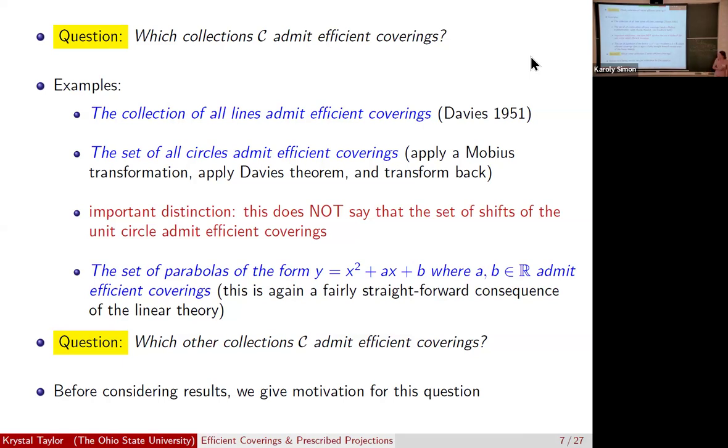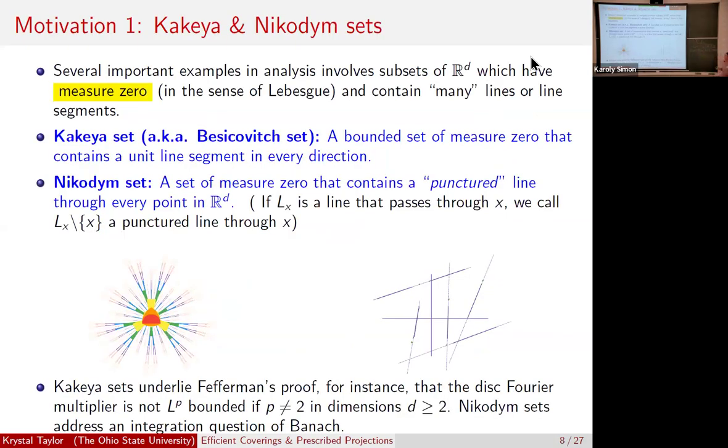So before considering results, let's give some motivation for this question. Okay, so motivation 1, Kakeya and Nikodym sets. Several important examples in analysis involve subsets of R^d which have measure 0, which contain lots of lines. So Kakeya sets contain lines in every direction, or line segments, if you want to work in a compact world.